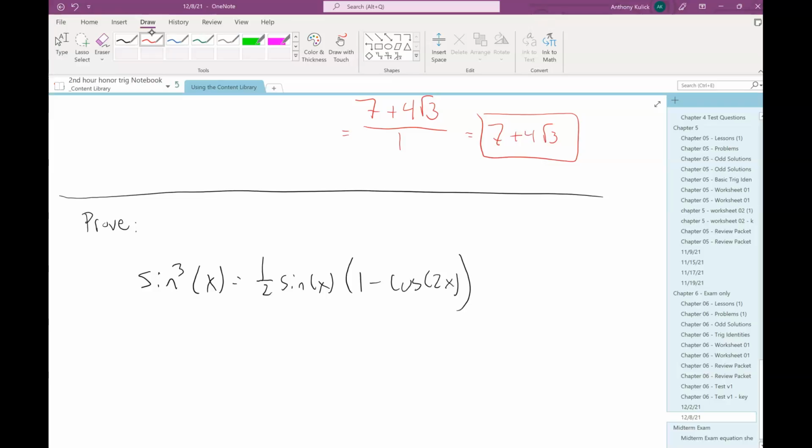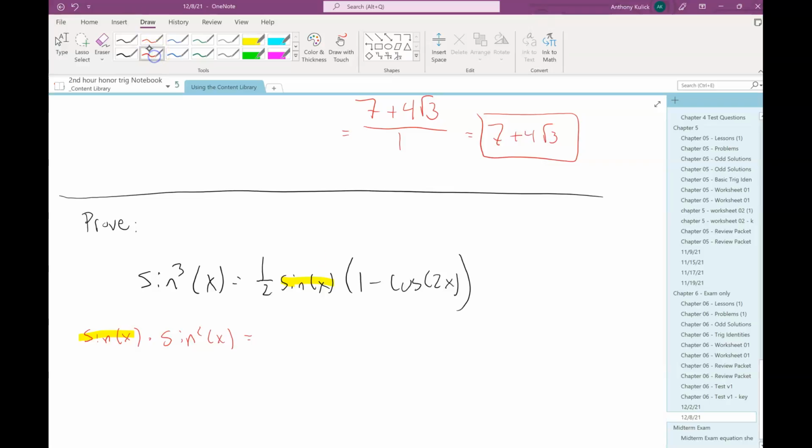And really, I'm like, well, I don't have a good identity for sine cubed, but I do have one for sine squared. So I'm just going to think about that sine cubed as sine x times sine squared x. And I like that because I now have the sine part on both sides, right? We cool with that?